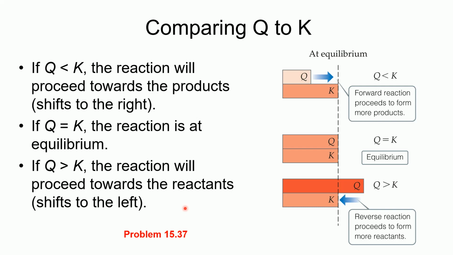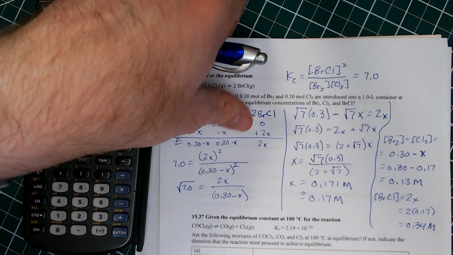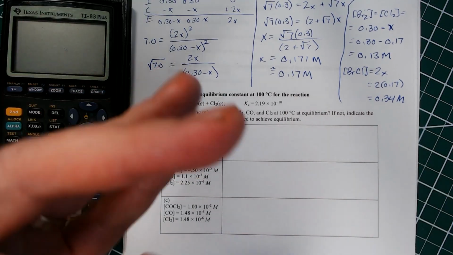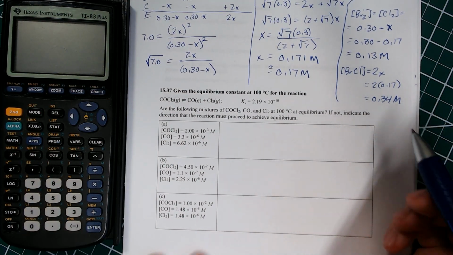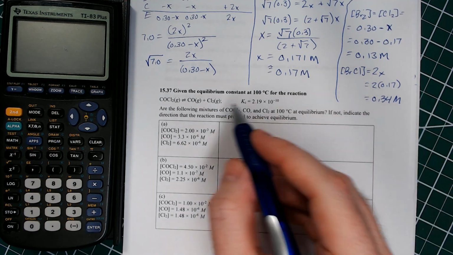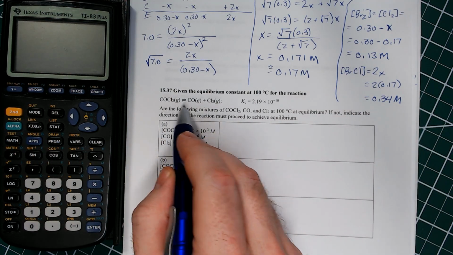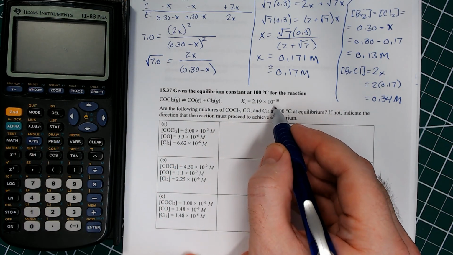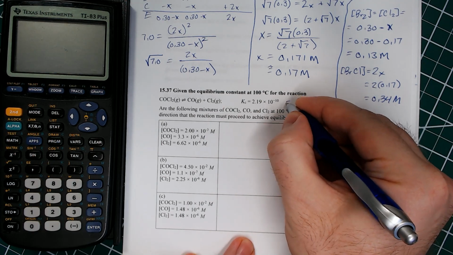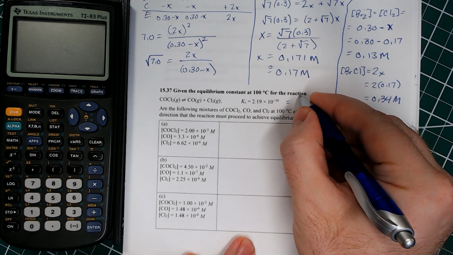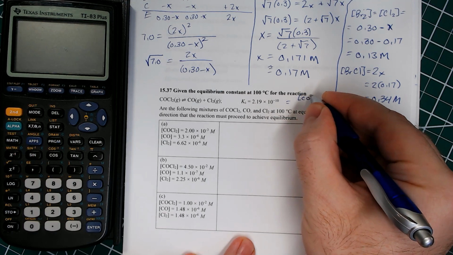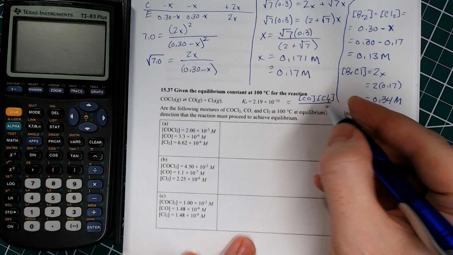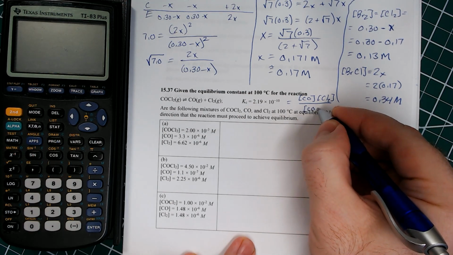So we'll look at number 37. Here is number 37, and you'll see that we've got the equilibrium reaction, COCl2, which is in equilibrium with CO and Cl2. We've got the equilibrium constant given to us, and the equilibrium constant expression is going to be the concentration of CO times the concentration of Cl2 divided by the concentration of COCl2.